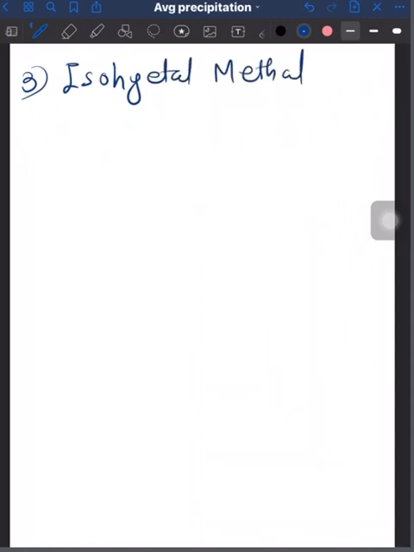It is the isohyetal method. So first of all, what are isohyets? Isohyets are the lines joining points of equal rainfall.